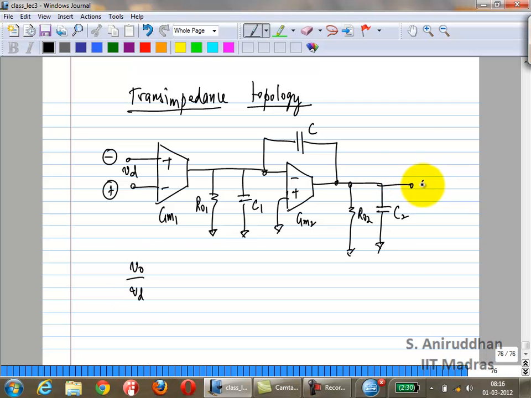So this is VO. Of course, GM1, GM2 are the transconductances, RO1, RO2 are the output impedances, and C is the capacitance you are adding to create the integration function. C1 and C2 are the parasitic capacitances at those two nodes, at the output of the first op-amp and the output of the second op-amp.